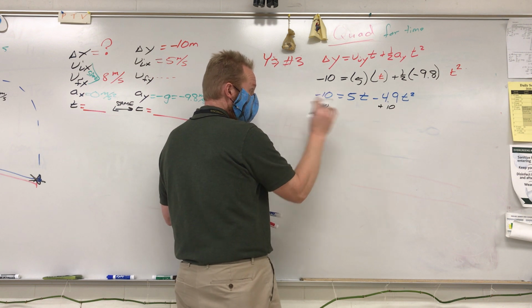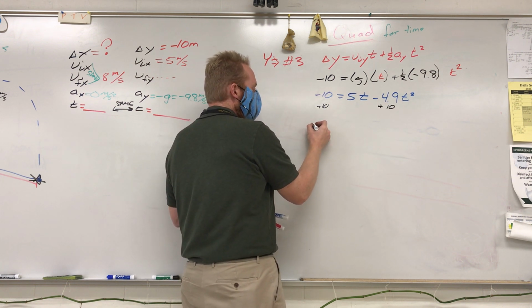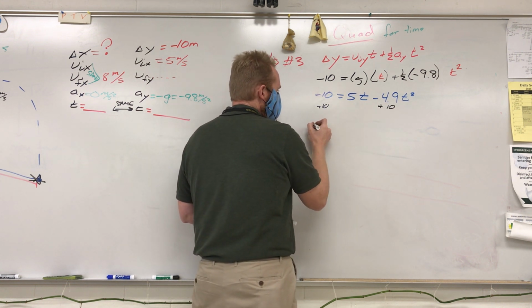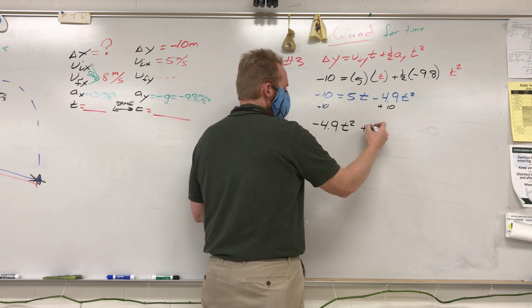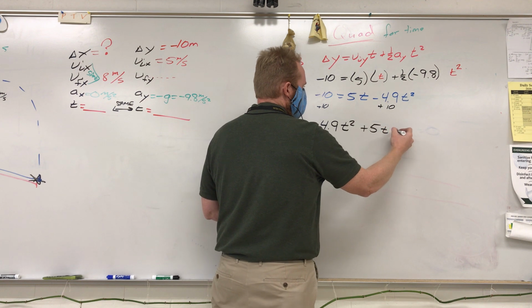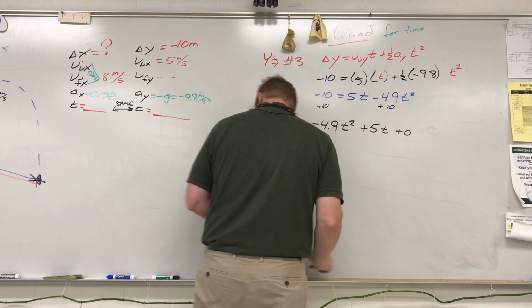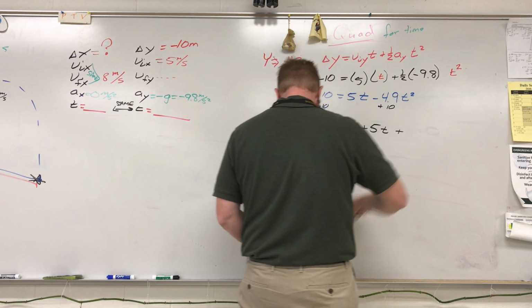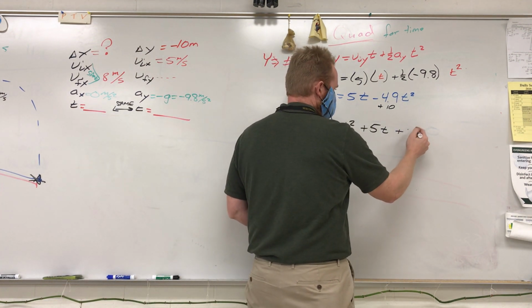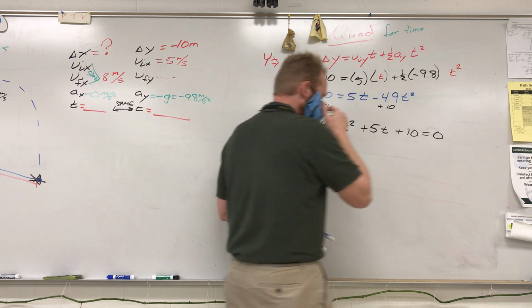And what we're left with, and then I'm going to rearrange it, is -4.9 t squared plus 5t plus 10 is equal to 0.